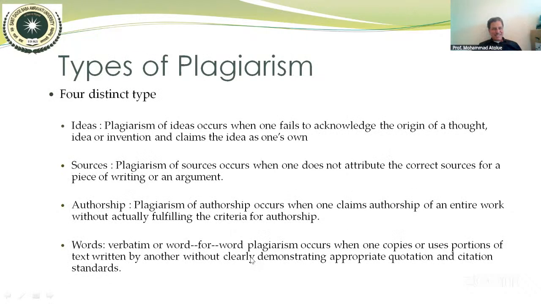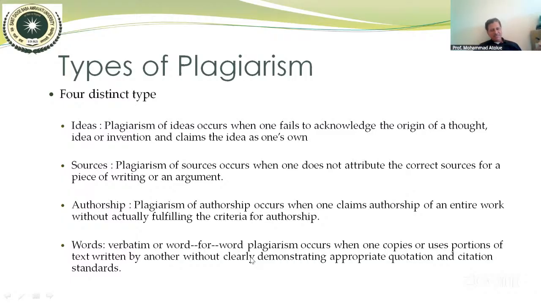The very first one is the idea. Plagiarism of ideas occurs when one fails to acknowledge the origin of a thought. So the best way to come out of this plagiarism is you need to acknowledge, you need to cite sources. I am referring to X paper, but in the reference section I am putting some Y. So I am misleading the readers.